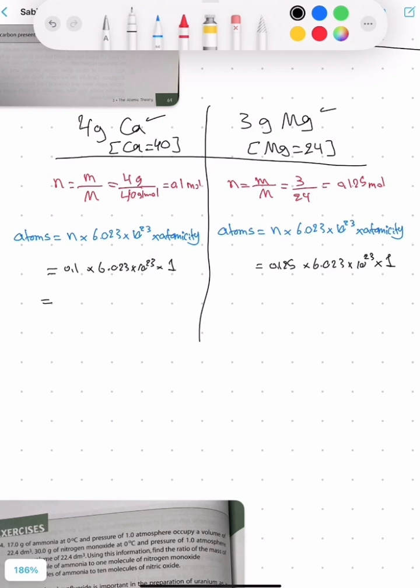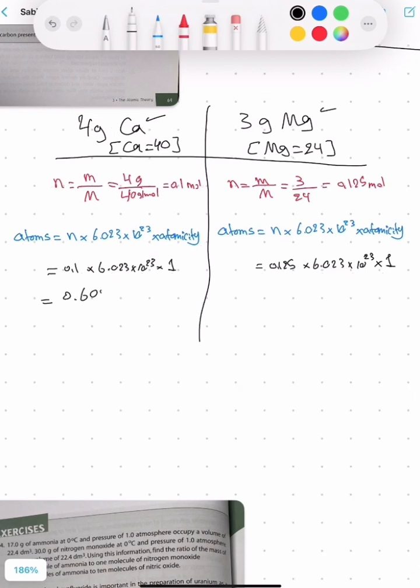Here the answer will be 0.6023 times 10 to the power of 23, and here the answer will be 0.752 times 10 to the power of 23. So which one of them is bigger? This one or this one? This one, right? So magnesium.